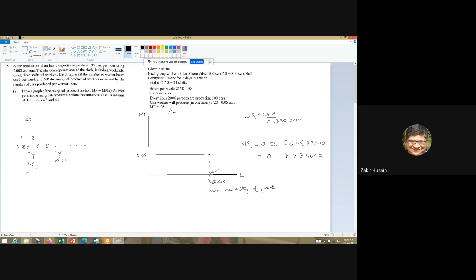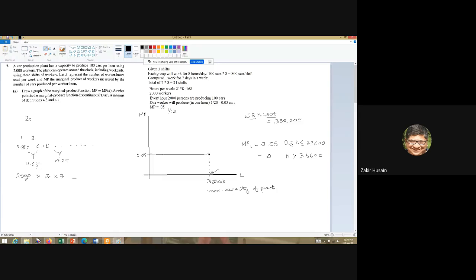The problem is that in a particular shift, you can employ only 2000 workers, right? How many shifts are there in a day? 3, right? And you have 7 days in a week.